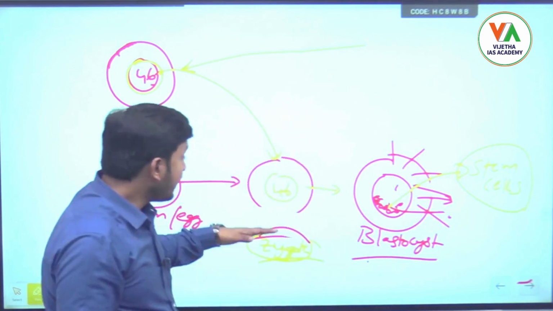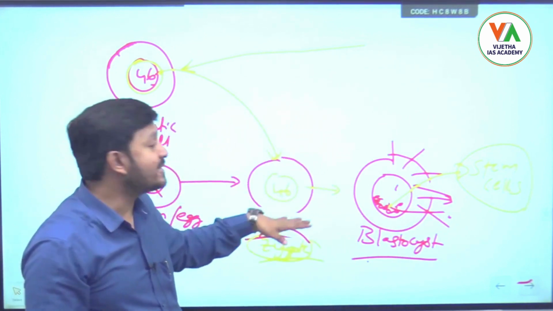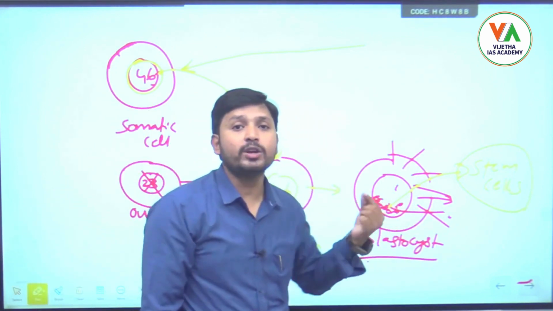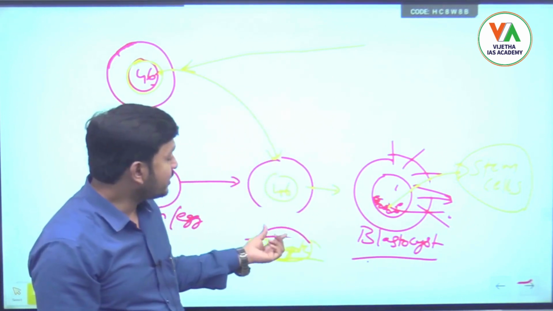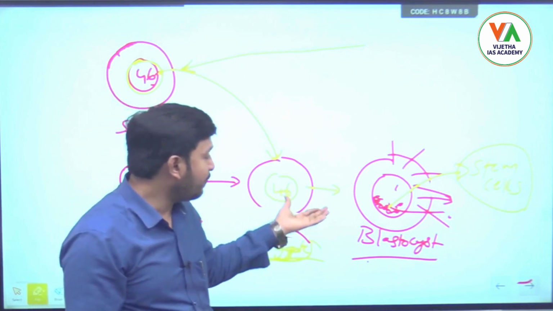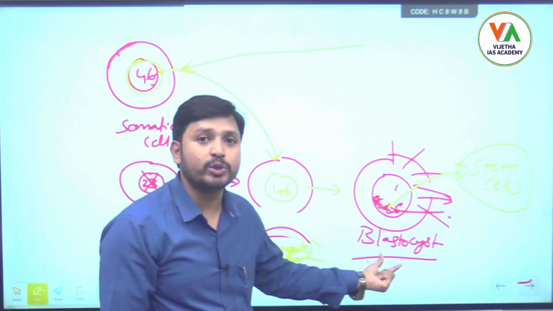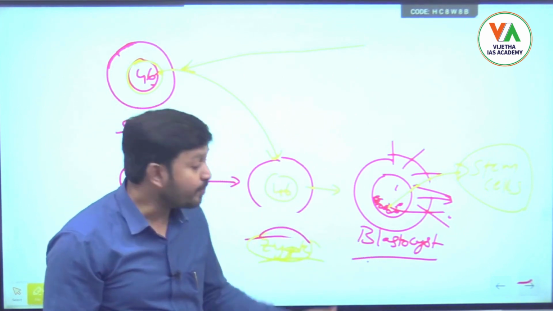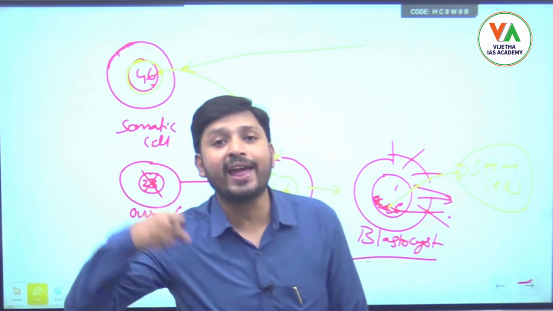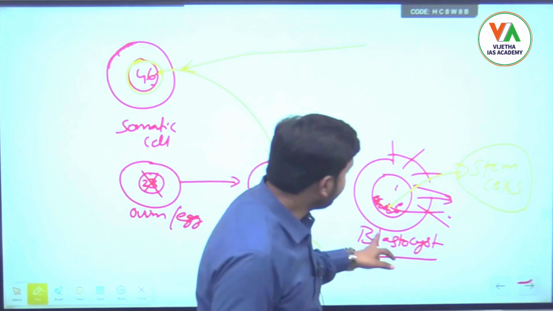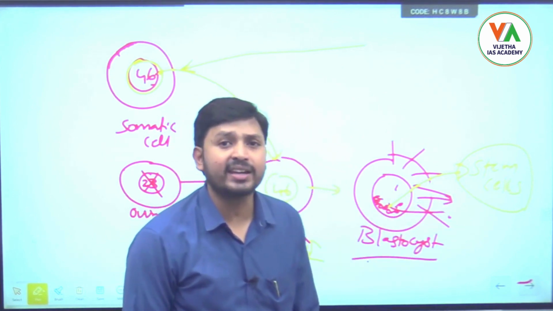In this case, I will not insert the zygote into the mother's womb. Instead, I will multiply this zygote in the lab itself so that it forms into a blastocyst. From this blastocyst I will extract these stem cells.